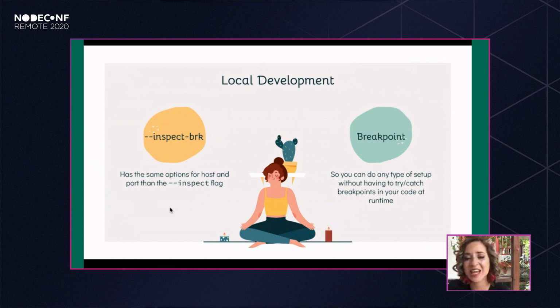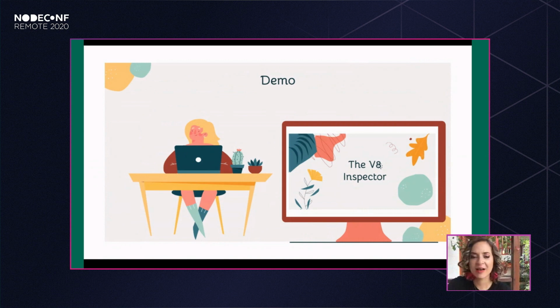This flag takes the same options for host and port as the inspect flag, but also puts a breakpoint before the user code starts. So you can do any type of setup you prefer without having to catch breakpoints at runtime. So let's look at a little demo here.